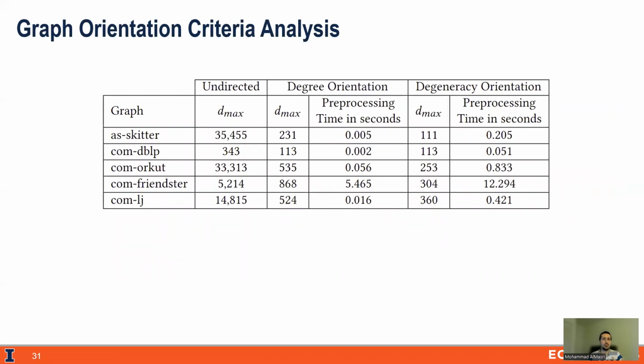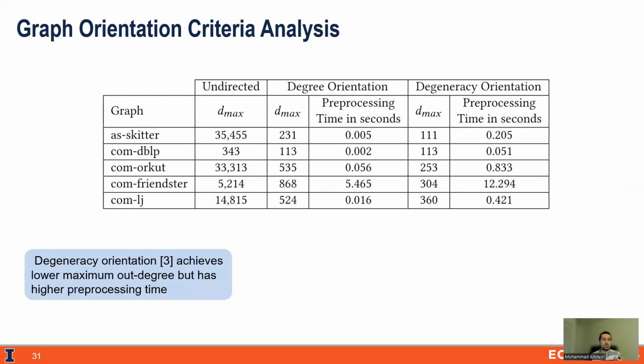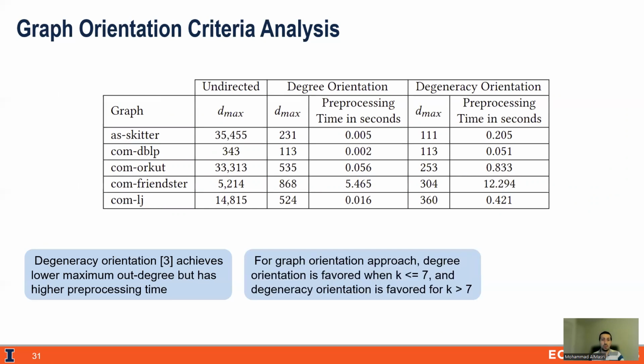Also, we did some graph orientation criteria analysis, and here we compared between using the undirected, degree-based orientation, and degeneracy-based orientation. And we can see the degeneracy achieves lower maximum out degree, but has higher pre-processing time.